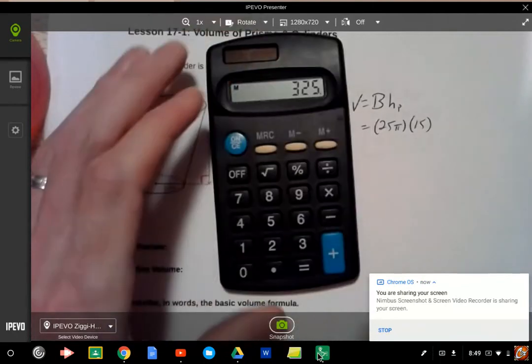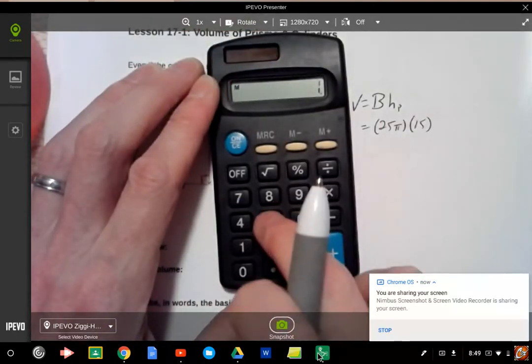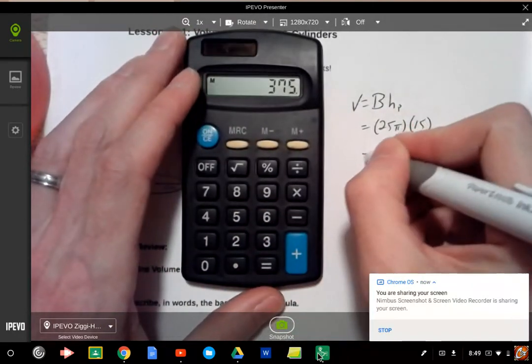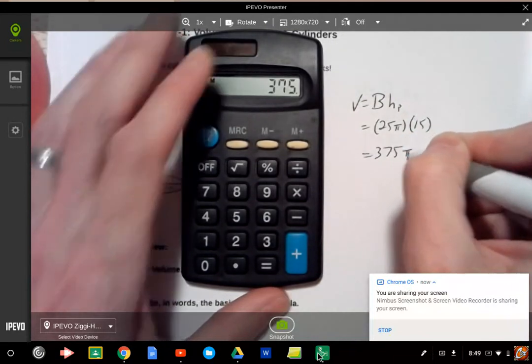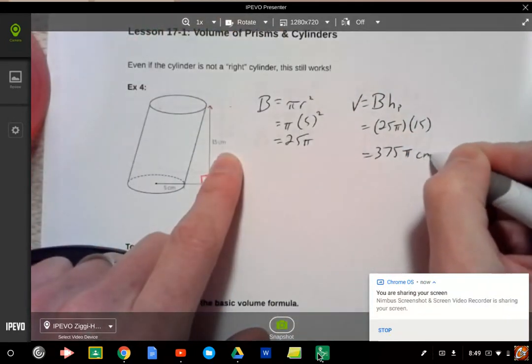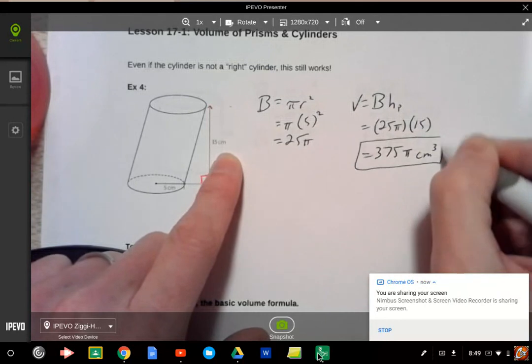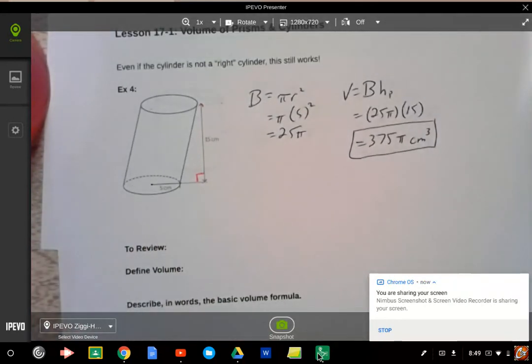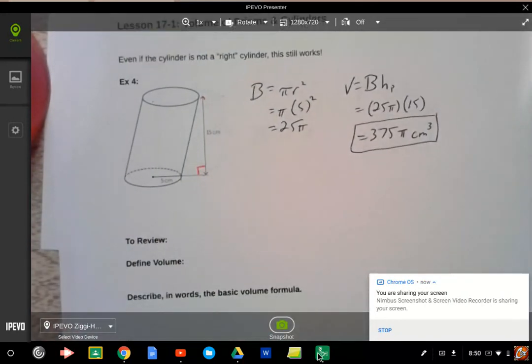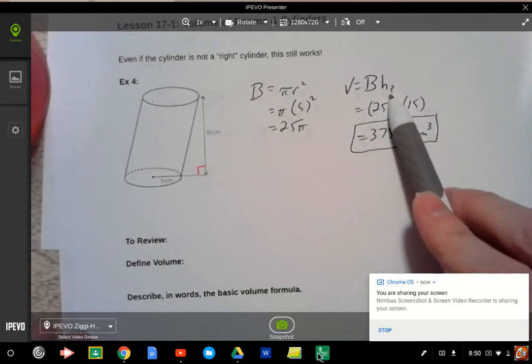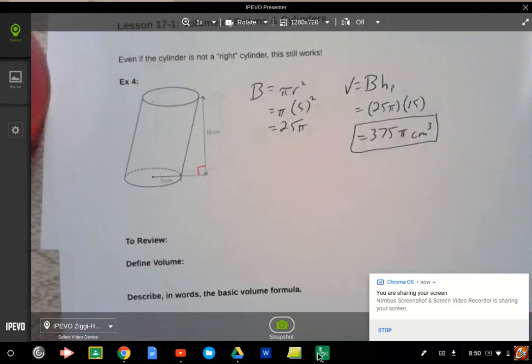Go to the calculator. 25 times 15, 375 pi. And in this case, it's centimeters cubed. Easy to do. So all of this is a very simple idea. Area of the base times the height. As long as you can find what the area of the base is, you got this.